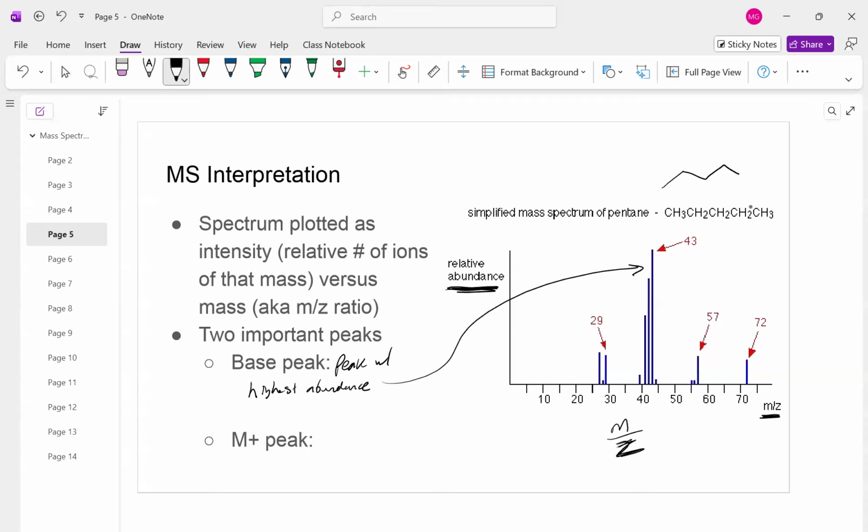Sometimes what we call the molecular ion is the base peak, but very often it's not. In general, you find the base peak by finding the peak that has the highest abundance. The other important one that you should be able to find is what we call the molecular ion.